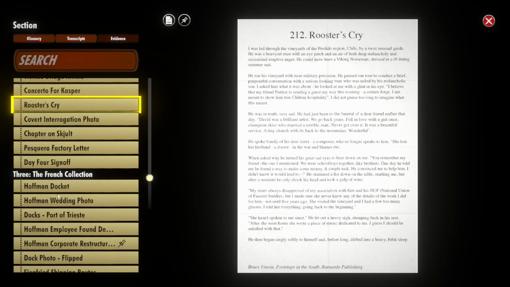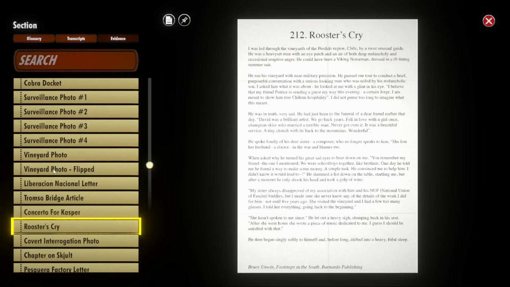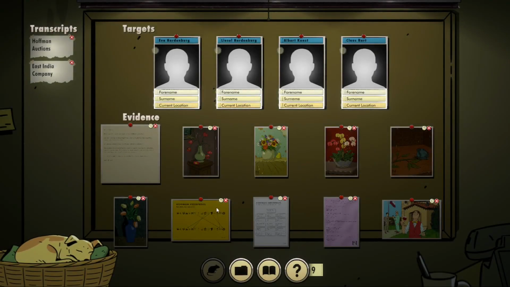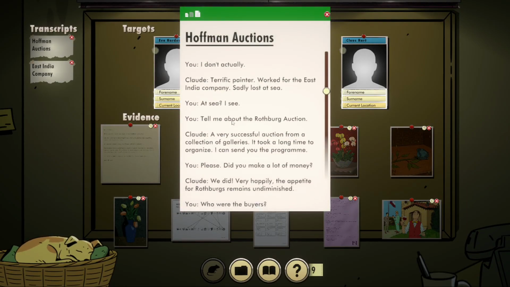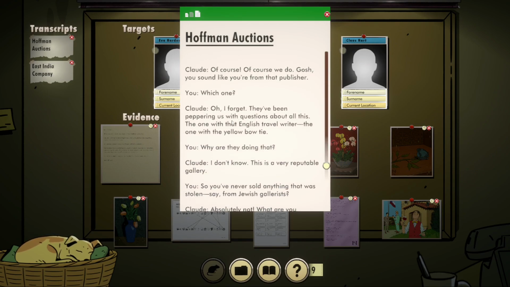Bruce Unwin. Covert interrogation photo. With the yellow tie. I think that's the guy. Yellow bow tie, yep.